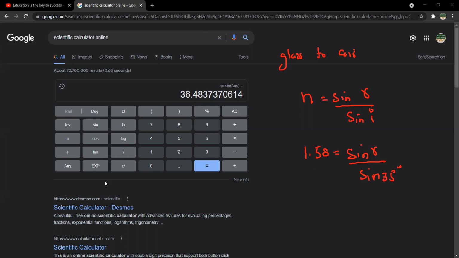So sine 35, that is 0.57. So this is 0.57. Sine R we don't know, and 1.58. Now this 0.57 is divided, other side it will be multiplied. So we'll multiply these two factors.